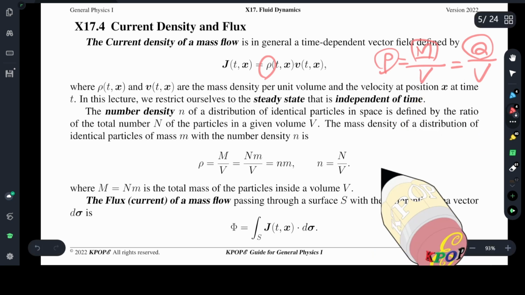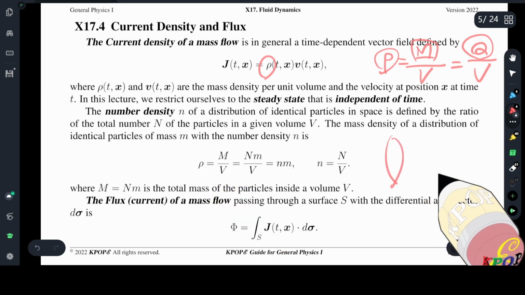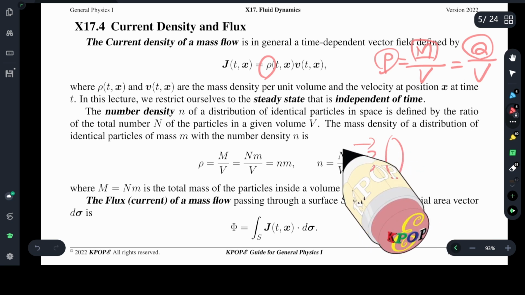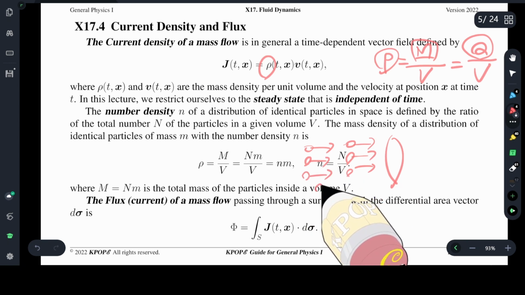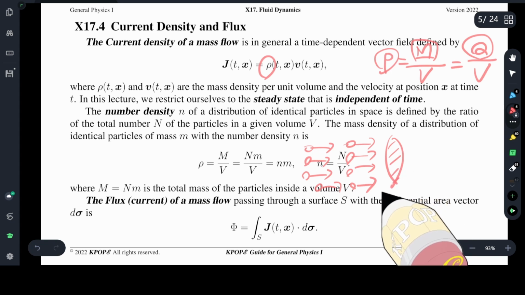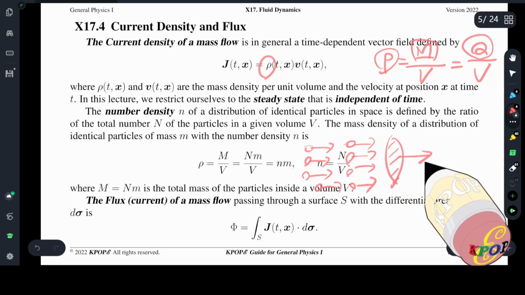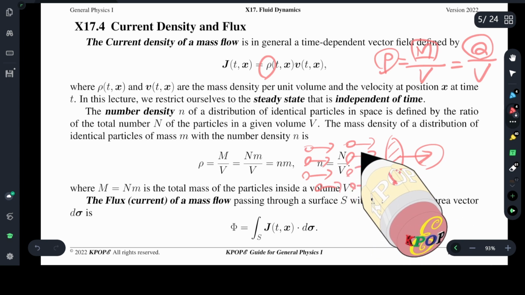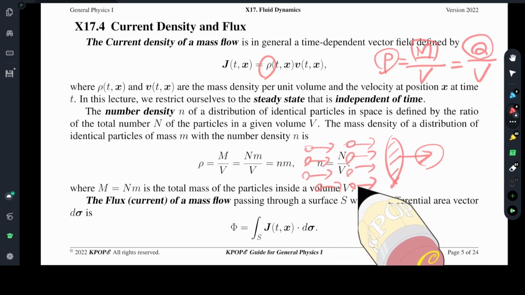Okay, current means there is a cross-sectional area and a flow of matter, such as charge or mass, passing through a surface. This direction is a normal, and this direction has a non-vanishing parallel component with the flow of mass or charge.